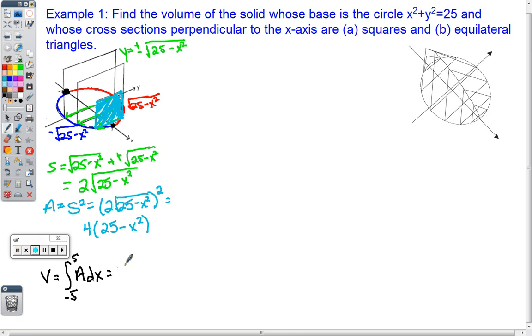So we're going to have the integral from -5 to 5 of 4 times 25 minus x squared dx. I plugged that in and I got 2,000 thirds, whatever that comes up to. So there you go. Let's try this with equilateral triangles.